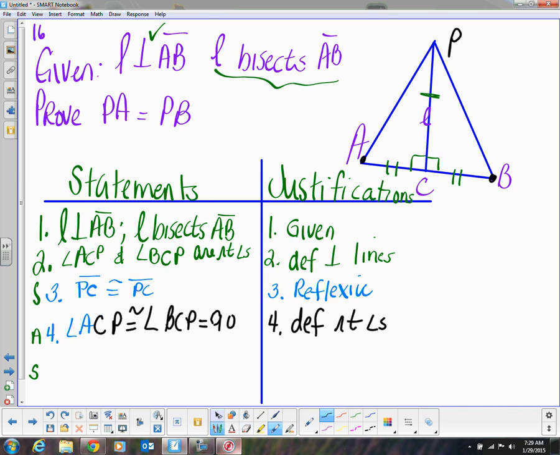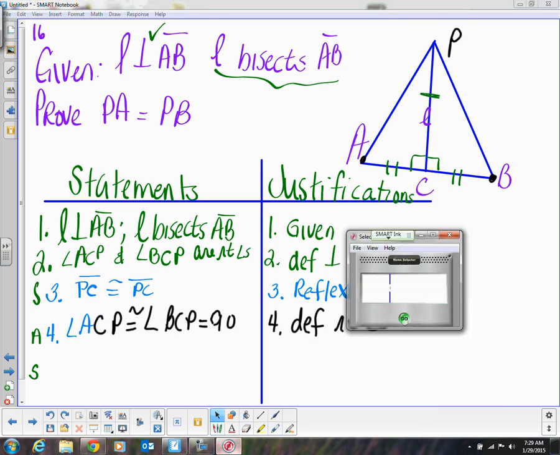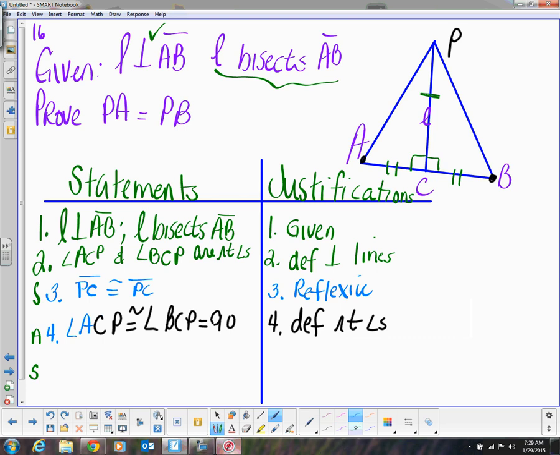All right, I need another side. So who's going to give me the sides? Carlin, what are my sides? AC is congruent to BC. Why? Well, it's not given in this form. It has to look exactly like this to be given. But something in the given told us that.